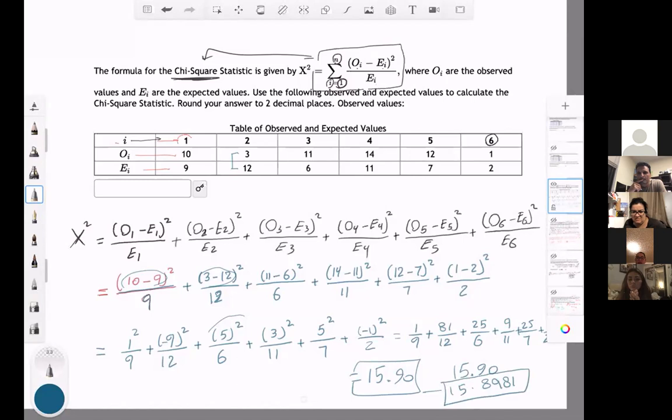Yeah, exactly like that. Maria, what did you get? 15.92. Let me see your calculator. Is that the same as a graphing calculator? It's the same. I thought all of them should be correct. That's strange.